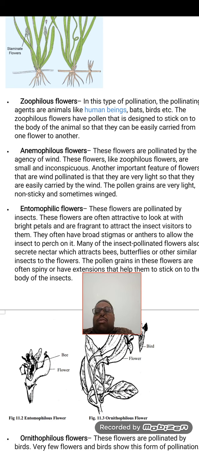When it is attached, the honeybee will move to another flower. That may be a male or a female, we don't know. It depends how these insects are moving, and it will come and stick there, and pollination takes place.